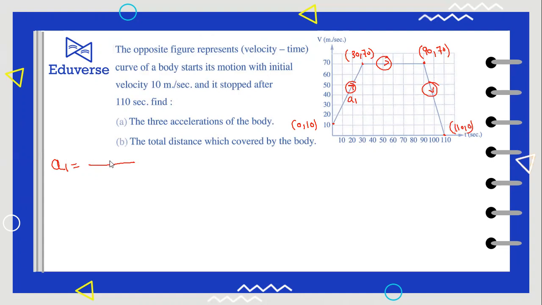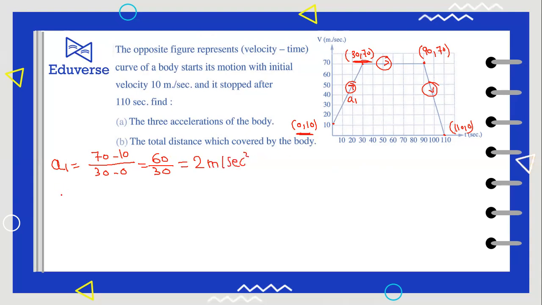To find the acceleration here, I must find the slope of the first line. Here the slope is y2 minus y1 over x2 minus x1. It means 70 minus 10 over 30 minus 0. The slope of these 2 points will be 60 over 30, equal to 2 meters per second square.